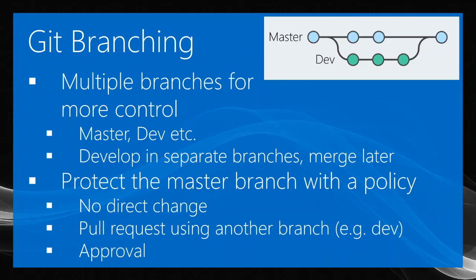Now, of course, you want to make sure that only people that, well, are somehow responsible for this code are able to merge branches back into the master branch. And for that, you normally should protect your master branch by using a branch policy. So you can protect your master branch saying, well, there's no way that someone can directly modify code that lives in the master branch.